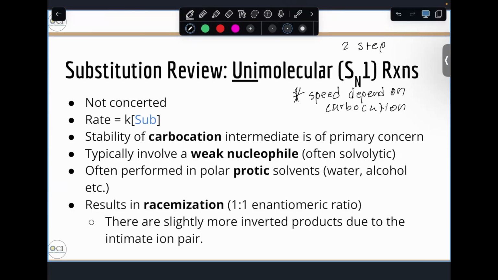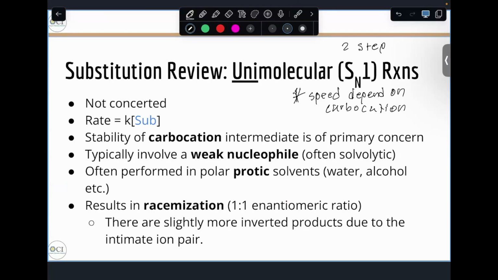They involve the formation of a carbocation. So this typically involves a weak nucleophile and is often done in polar protic solvents. Remember, polar protic solvents stabilize charges. So this is dependent on how stable our carbocation is. If we do it in a polar protic solvent, it's going to stabilize that carbocation and make it favor SN1.